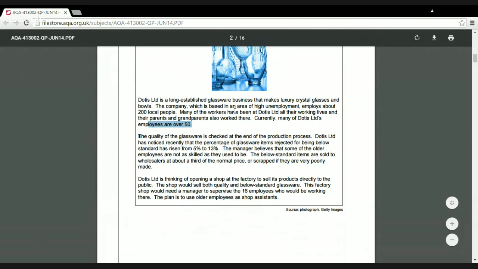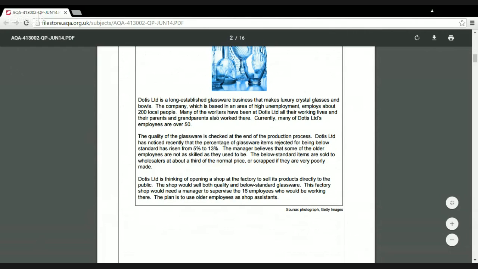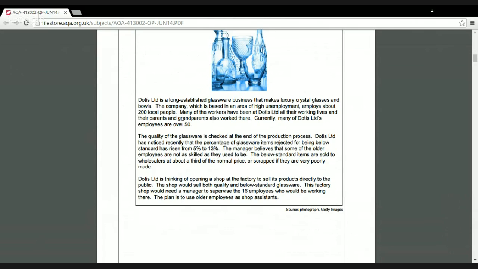So from these clues straight away, you could tell what kind of question will be coming up. It employs about 200 local people. Many of the workers have been there all their working lives, and their parents and grandparents also worked there. Currently, many Dotis Limited employees are over 50.